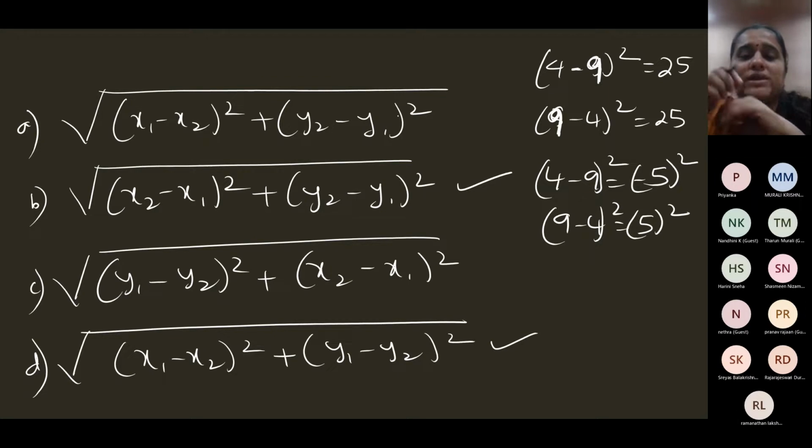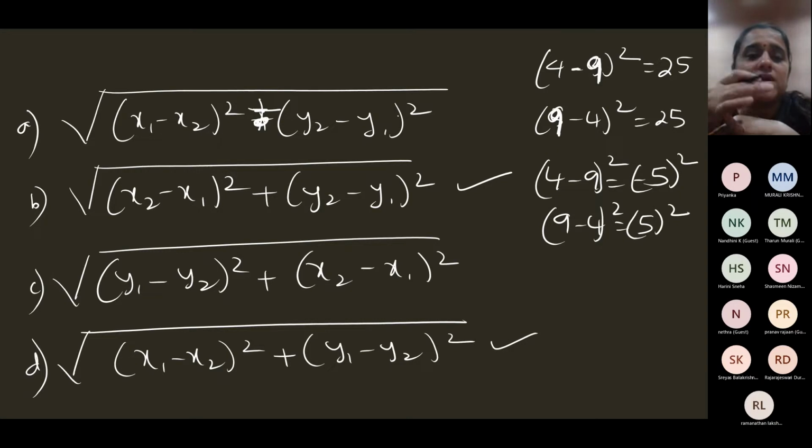The value of (y2 minus y1) the whole square and (y1 minus y2) the whole square is the same. And they are connected by a plus sign, so you can even change the order. You can put the y first and then the x, because the connecting sign is plus, not minus. Supposing the formula had a minus here, then you cannot change it. You cannot put y first and then x. This is plus.